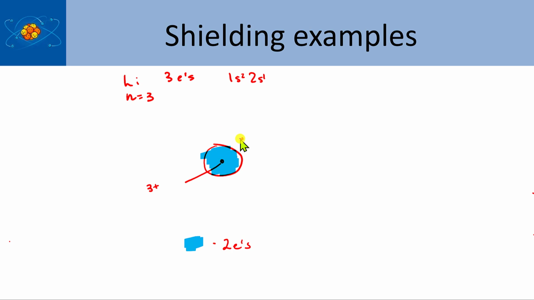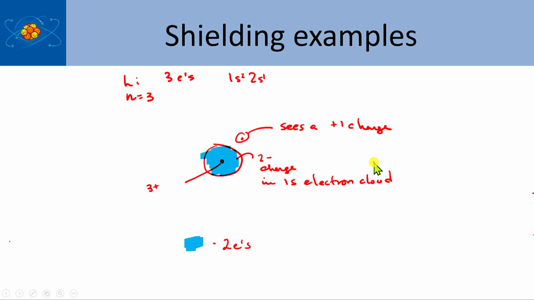So what does this electron experience? Well, since this is a 2 negative charge in the 1s electron cloud, then the net charge that this electron sees is a +1 charge. Now, not every orbital has the same shielding ability. An s orbital has better shielding ability than any of the other orbital types.